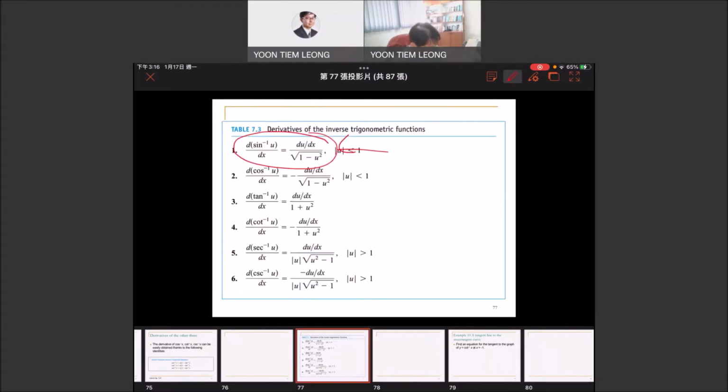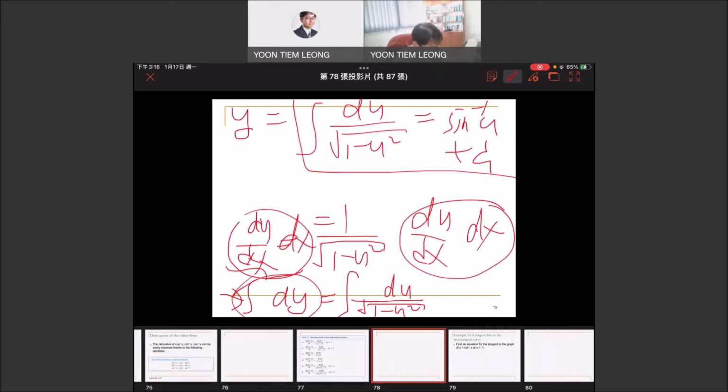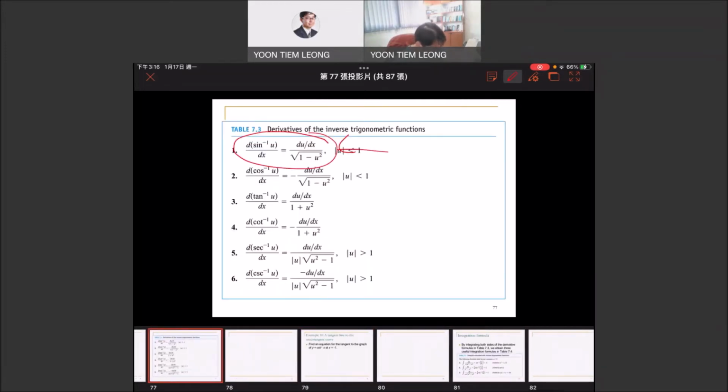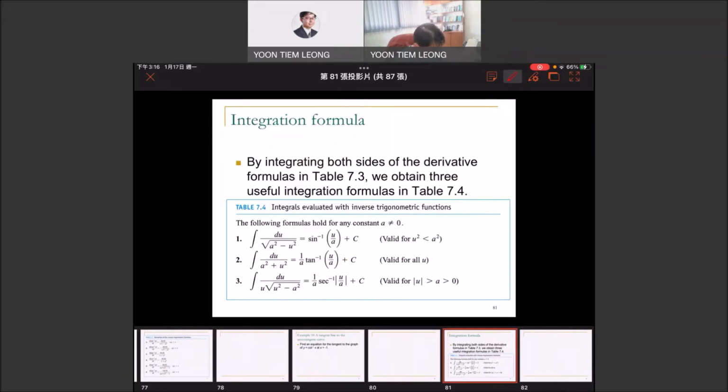You start off with these integrations, then you end up with this very simple rule that the integral of du over the square root of 1 minus u squared gives arc sine of u plus a constant, which is just what this formula is about.